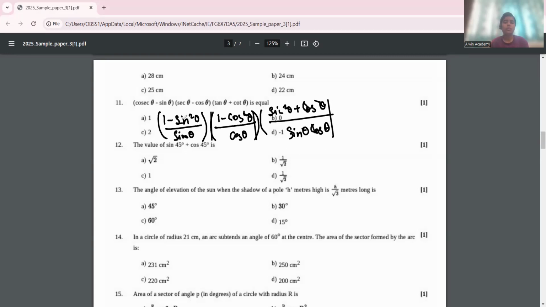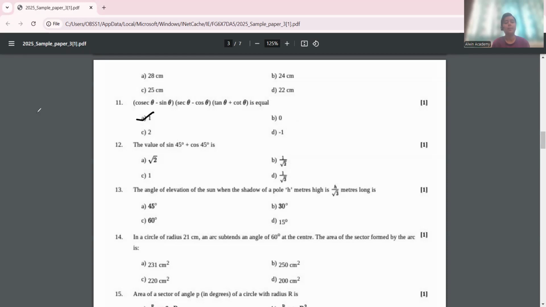Now 1 minus sine square theta is cos square theta upon sine theta. 1 minus cos square theta is sine square theta upon cos theta. Sine square theta plus cos square theta is 1 upon sine theta cos theta. We get that we can cancel everything out, and our answer is 1, option number A.